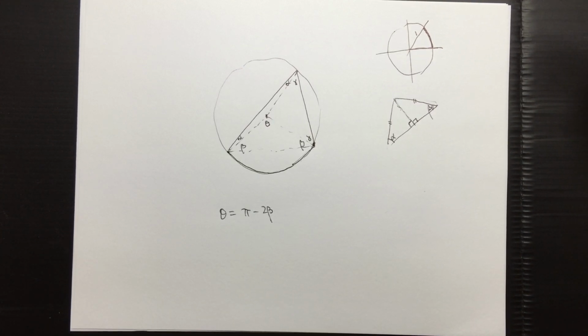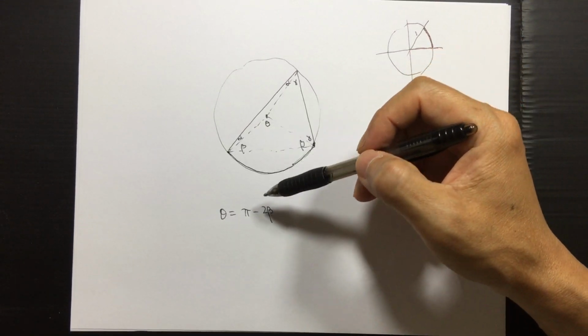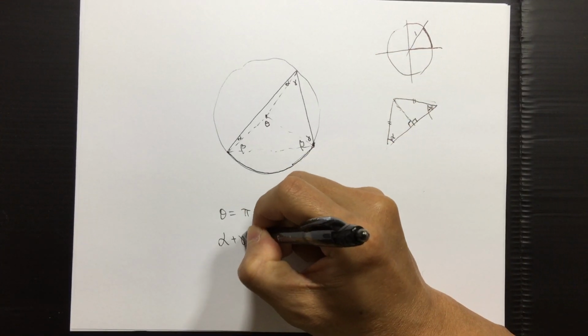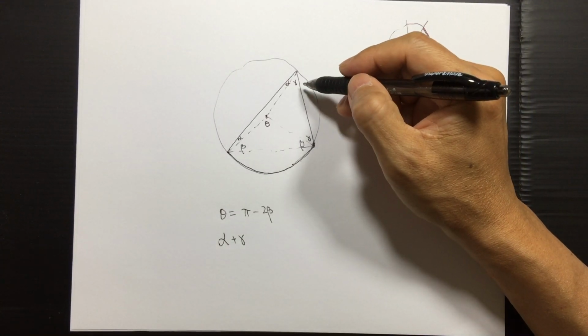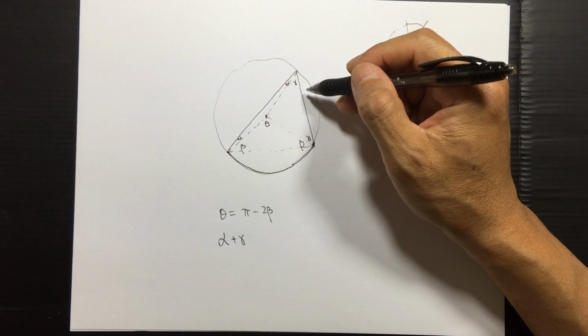We want to get to the relationship of theta and alpha plus gamma. Alpha plus gamma, that's this. Let's see what we know.